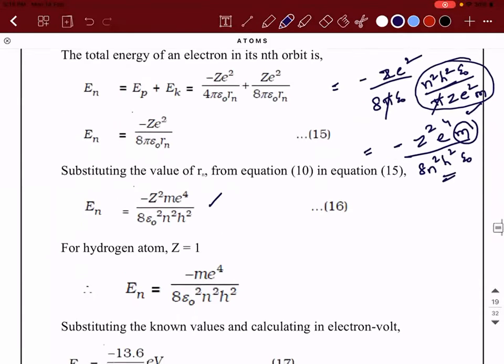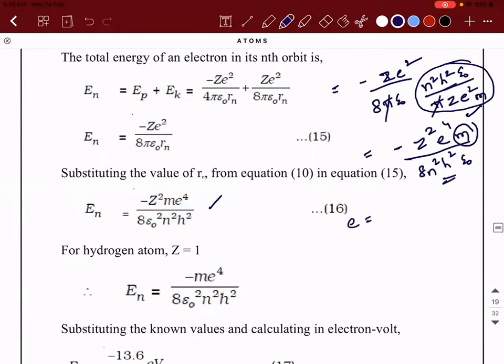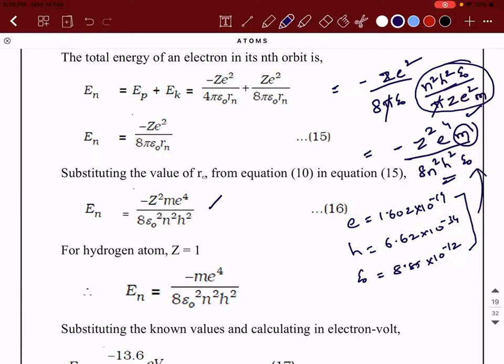Now see, here again, e is 1.602 into 10 power minus 19. h is 6.62 into 10 power minus 34. Epsilon naught is 8.85 into 10 power minus 12. Mass is 9.1 into 10 power minus 31.